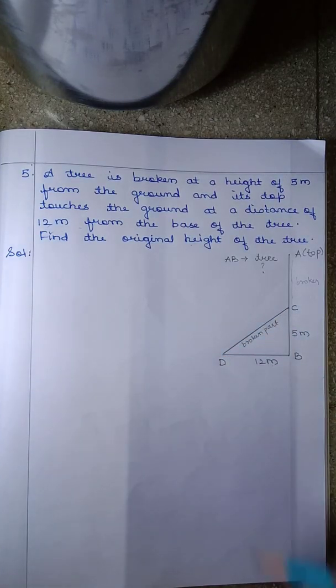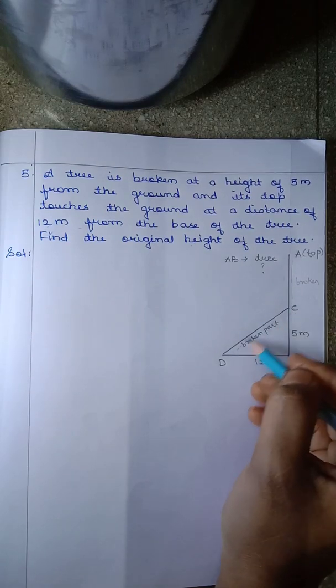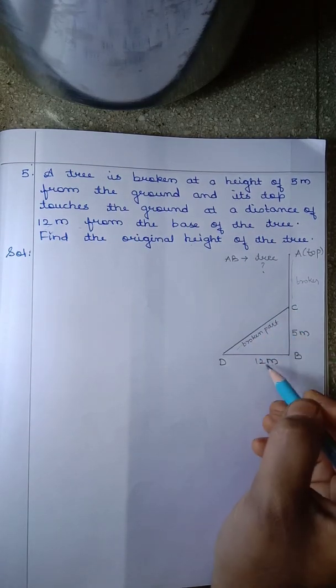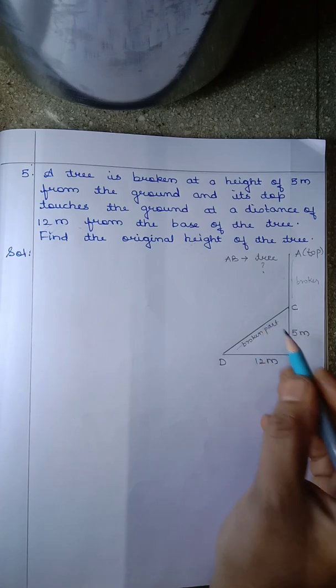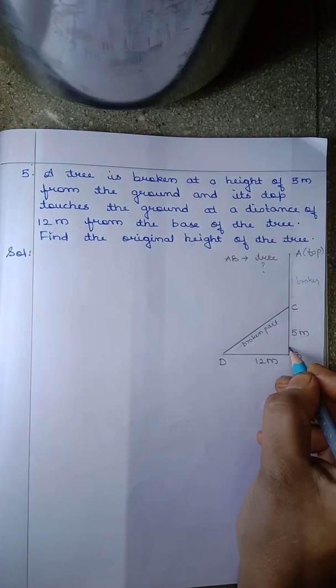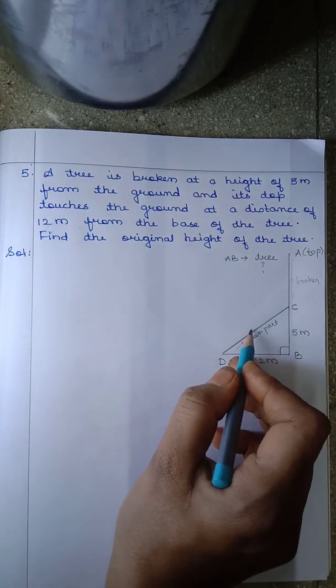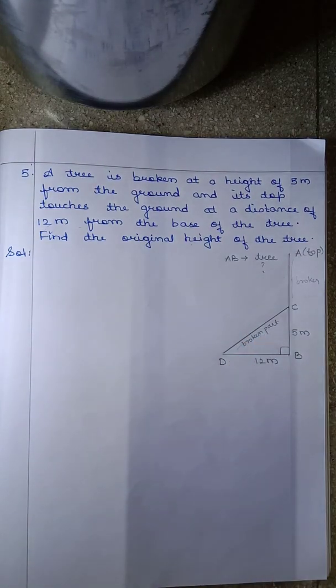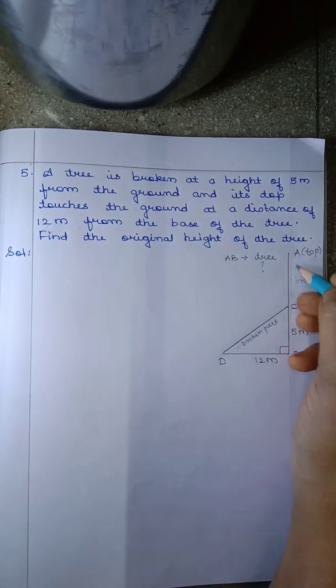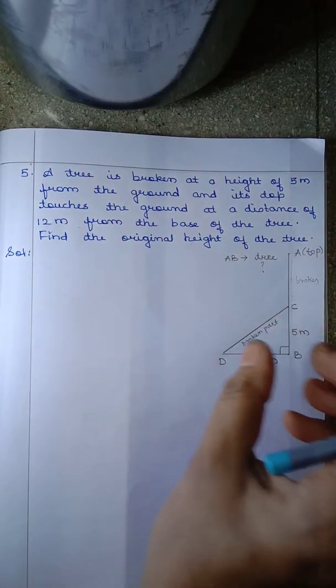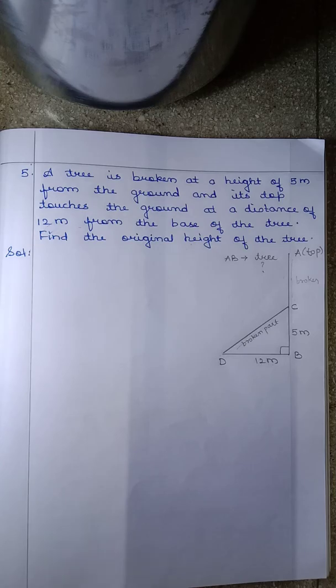To find the length of this broken part, two sides are given, so find the third side. Always consider the tree as perpendicular to the ground. So find the hypotenuse using the Pythagoras property, and then adding CD and BC together will give you the height of the tree, children.